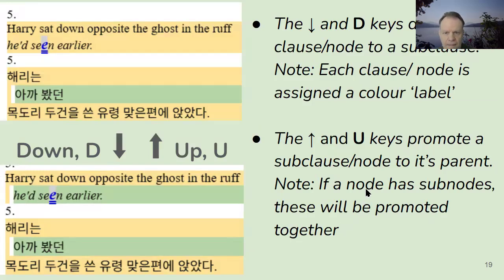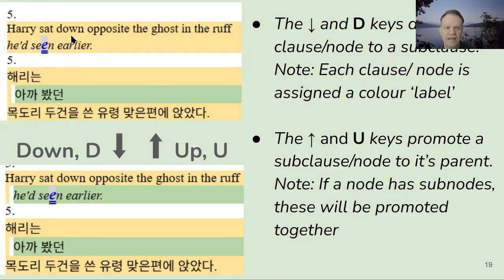You can use the down arrow or D to demote a sentence to a subclause. For example, we can see this clause here, he'd seen earlier, is highlighted, and you've got the cursor with the blue underline there.